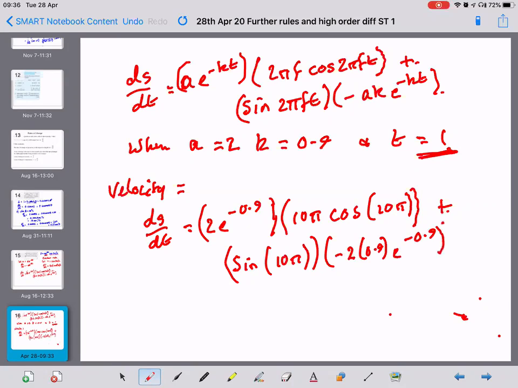Close the brackets. All right. Now, if I got that right, and you make sure you use your calculator in radians mode, you should get an answer of 25.55 centimeters per second, and you put all that in your calculator.